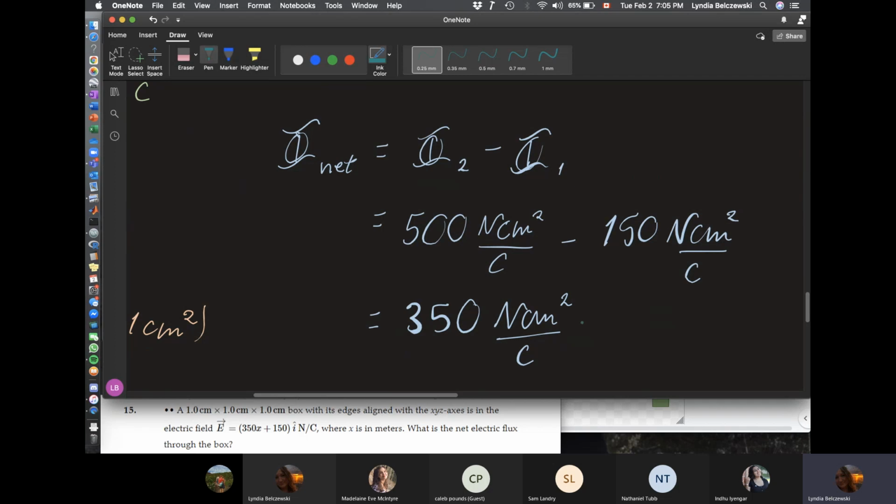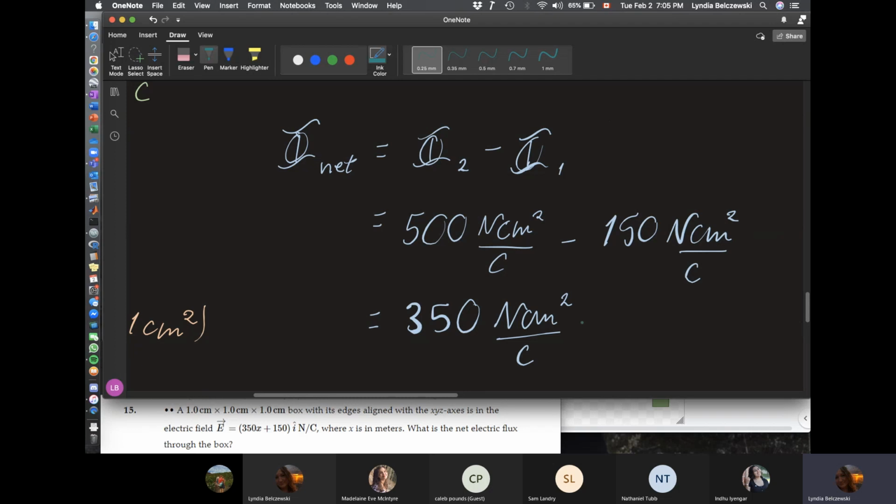So if this box is at a different value of x, as long as it was the same width along the x-axis, maybe not a cubed box, maybe the y component or the z component was bigger, the difference in x values would be the same, and yes, it would be the same net flux.